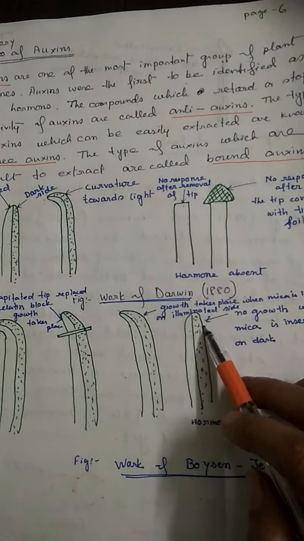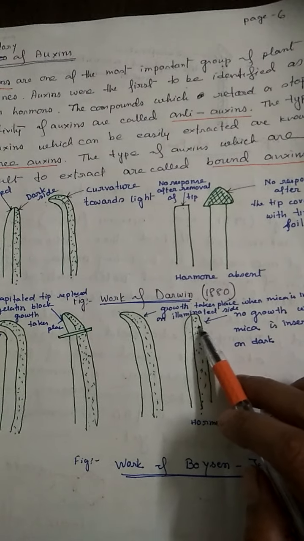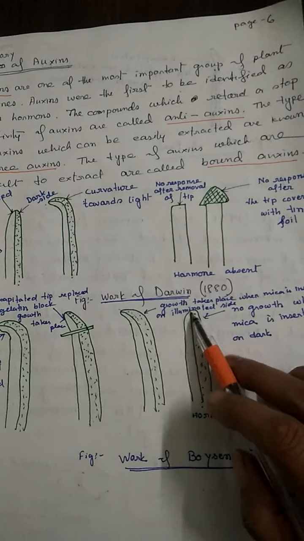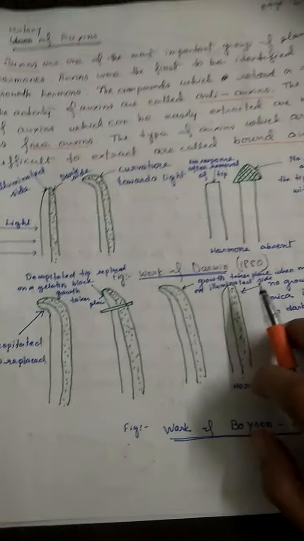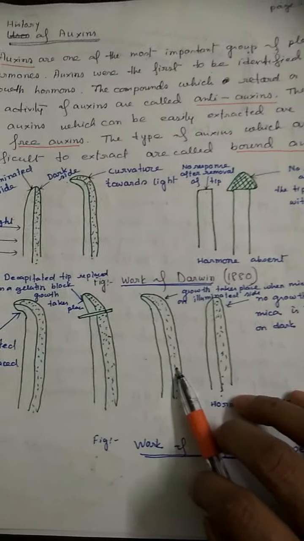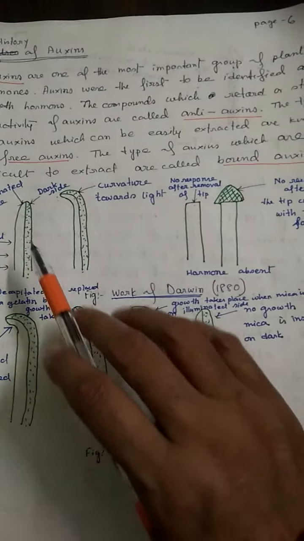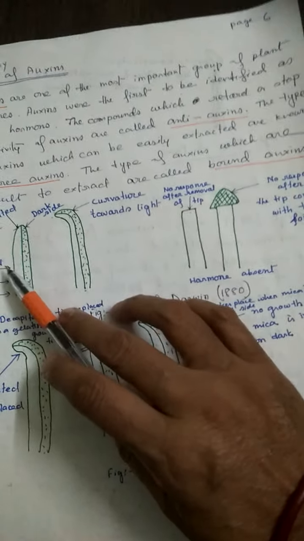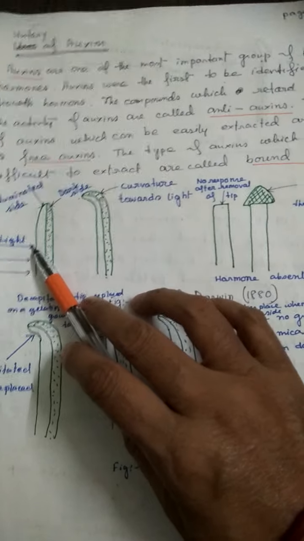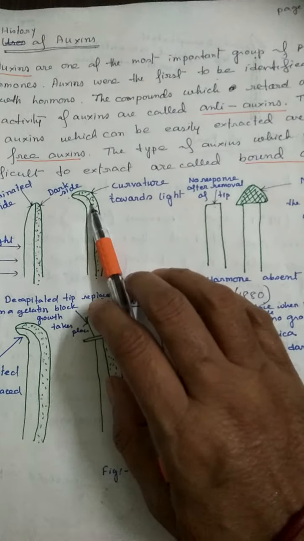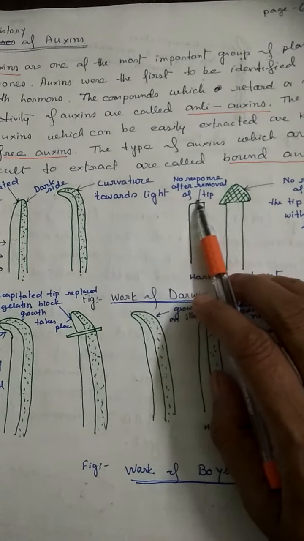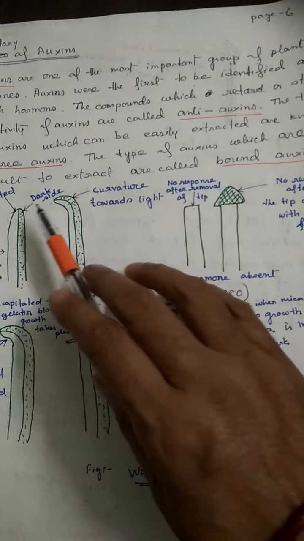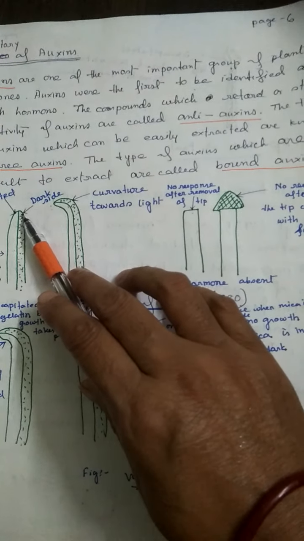But if the mica sheet is inserted into the dark part, the side opposite the illuminated part, then the bending does not occur. From these experiments, they concluded that some chemical is stimulated by the presence of light, and that's why the curvature forms. When the tip is removed, that chemical is removed along with it.